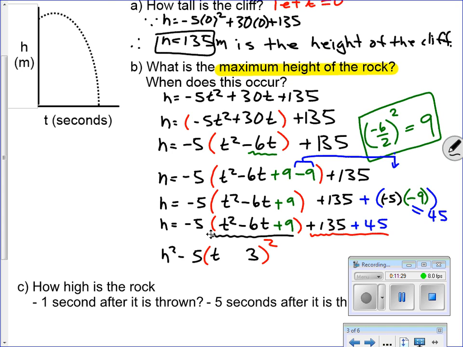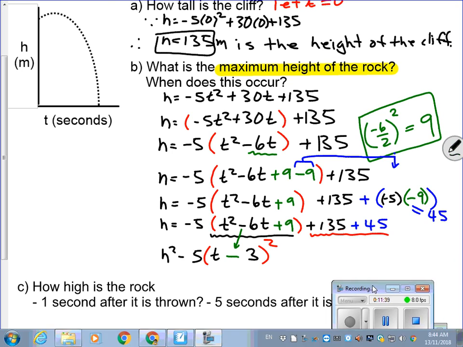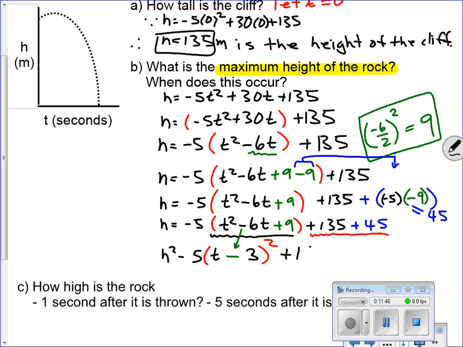The minus sign for this bracket literally comes from the center of our term in our perfect square. And then we have 135 plus 45, which gives us plus 180.